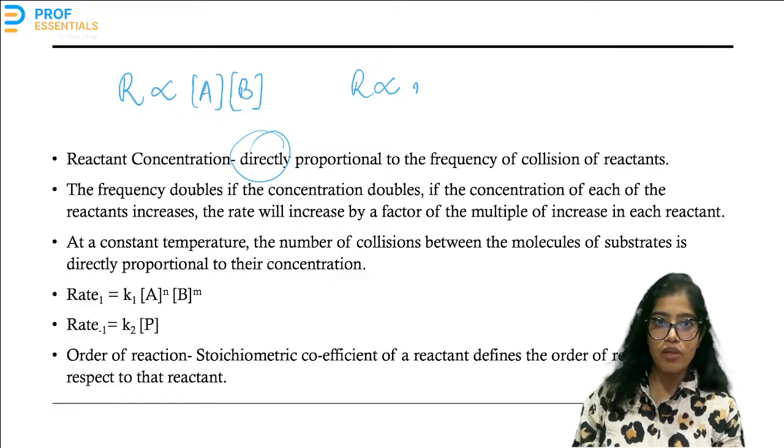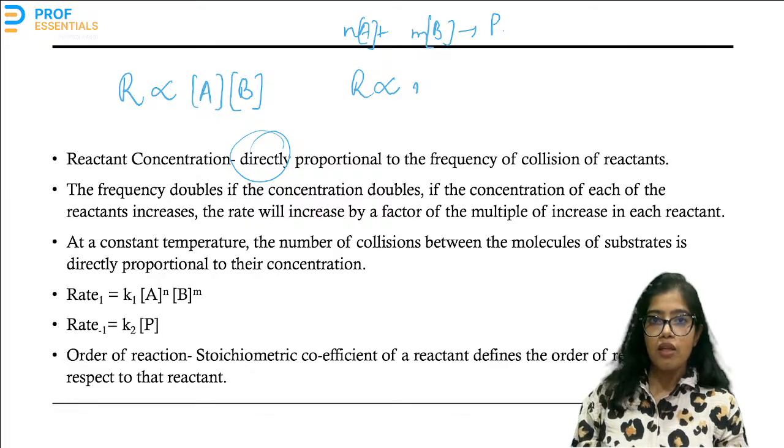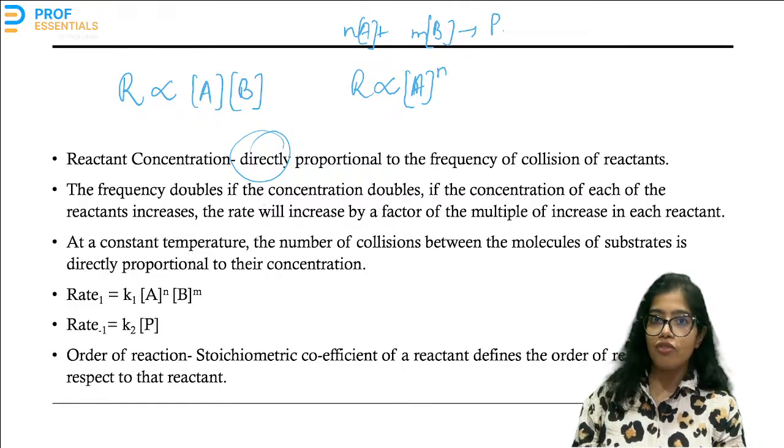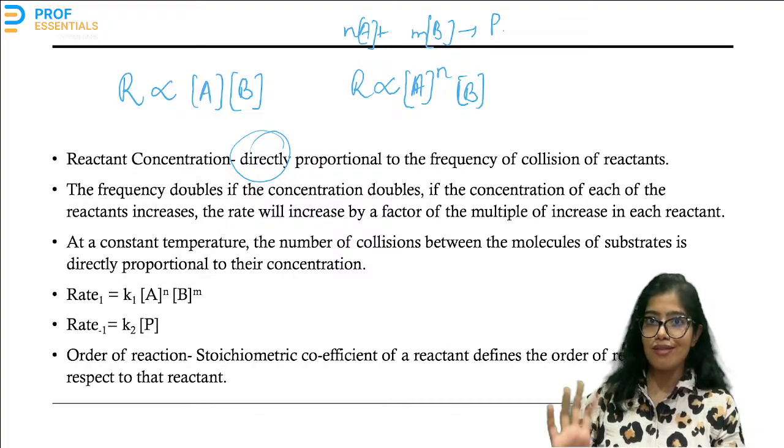Suppose N molecules of A combine with M molecules of B to form the product. The rate of this reaction will be directly proportional to the power of the stoichiometric indices of the reactants. Stoichiometry is balancing the chemical equation.